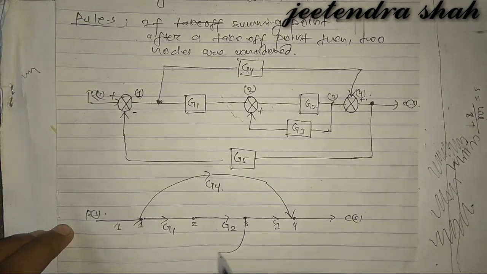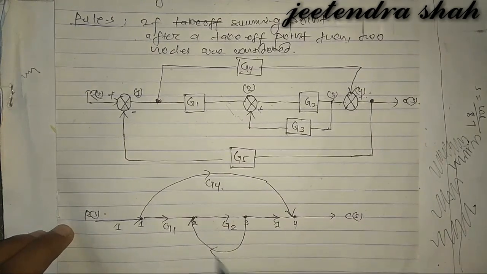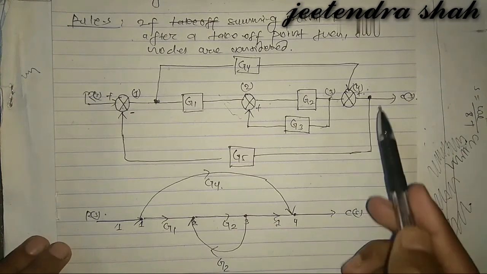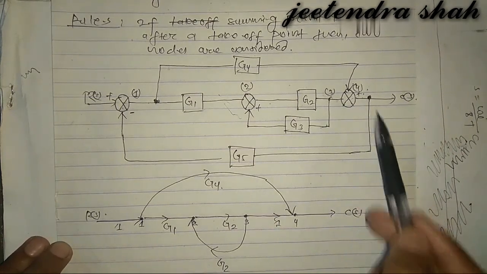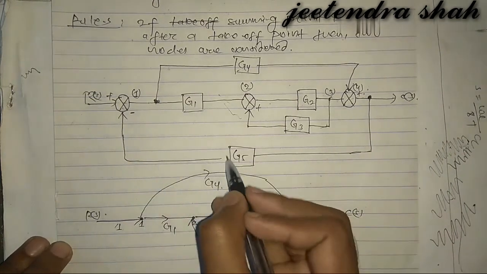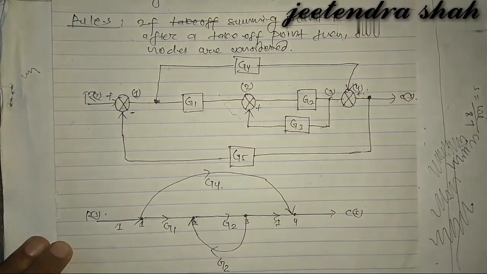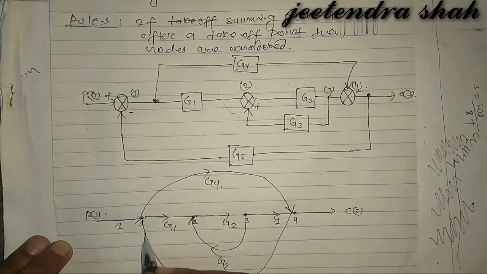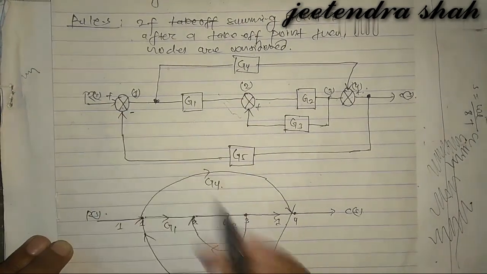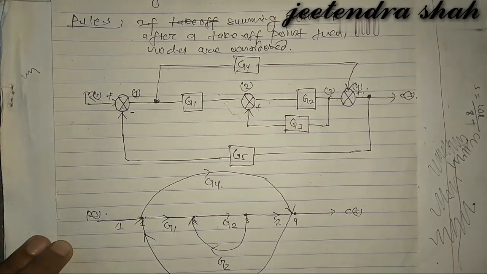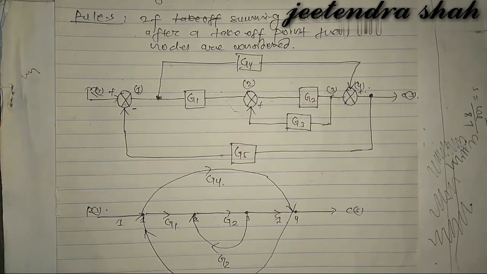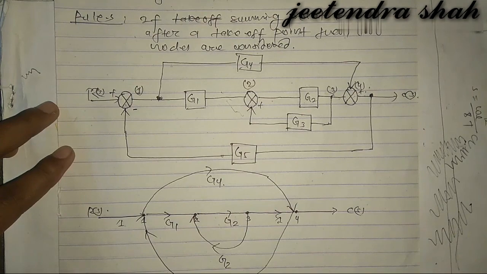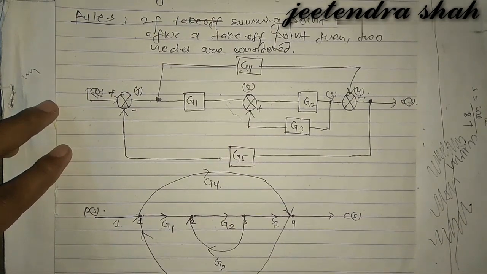From 3 to 2 we have G2 here, and again from the fourth node to the first node we have G5 as a negative feedback. Since it is negative feedback, we write minus G5. So this is the technique to obtain the signal flow graph from the block diagram reduction techniques.